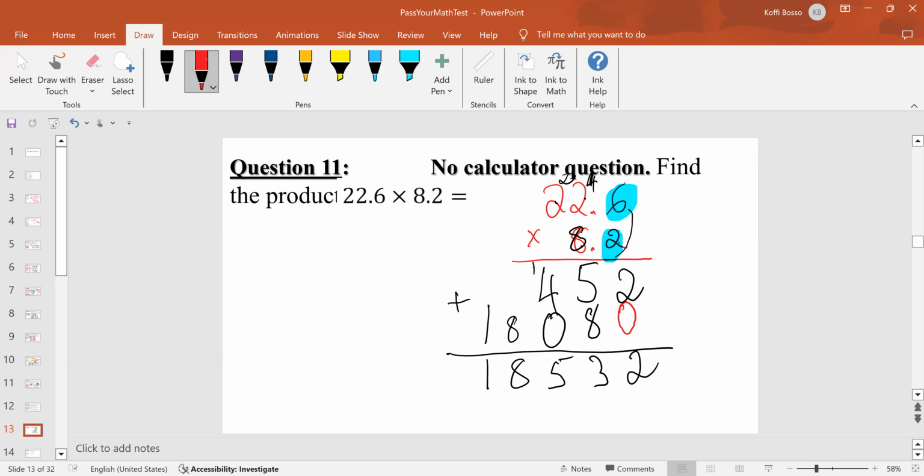So you count from here, 1, 2, and the decimal would be here. So the answer to this question is 185.32. Again, there are different methods, but what we want is the correct answer.